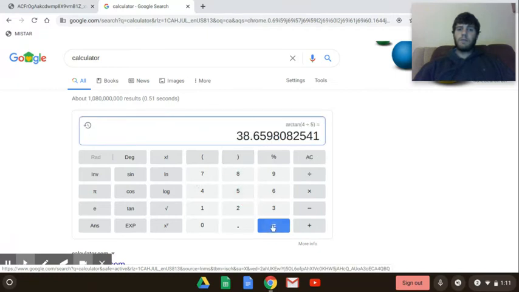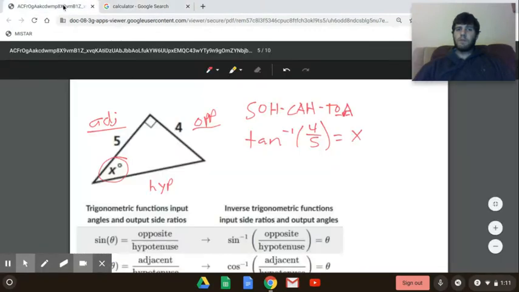Okay, we hit enter, and that's going to be 38.7 degrees. Make sure we have our decimal point in there. 38.7 degrees.